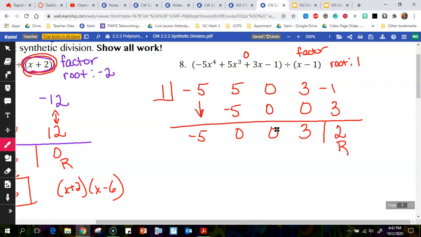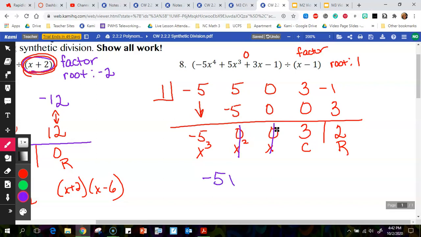This is my remainder, my constant, my x squared, and my x cubed. So because I've got 0 for a couple of these terms, I'm not going to write that in the answer. I don't have to do that. I have negative 5x cubed. So that part I have to write, and then plus 3.